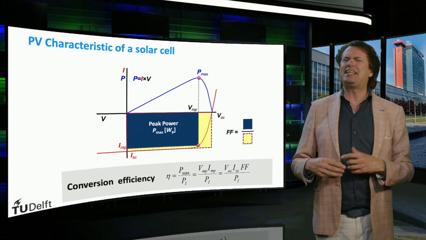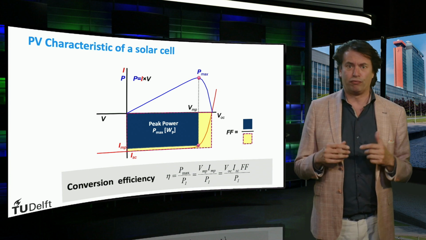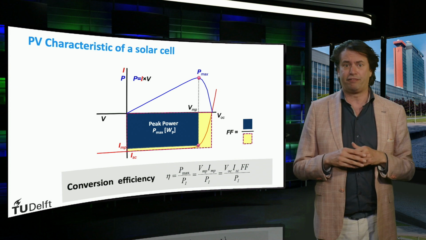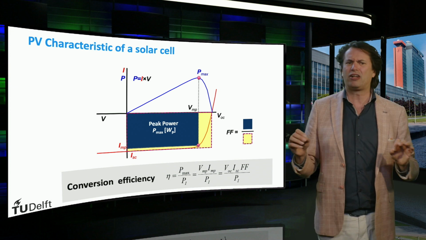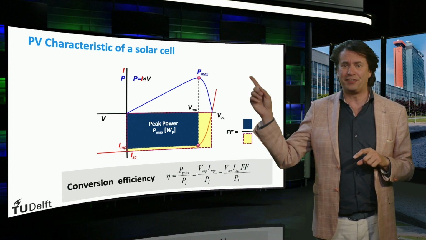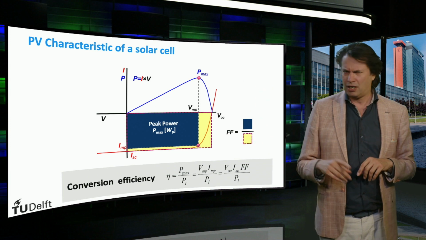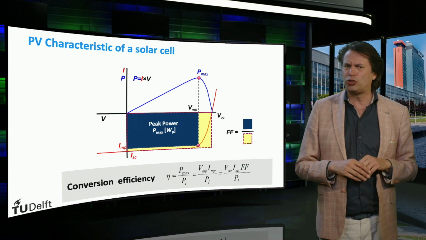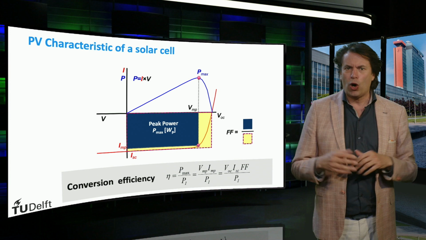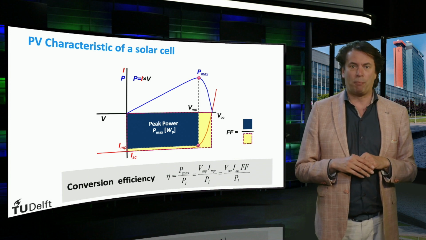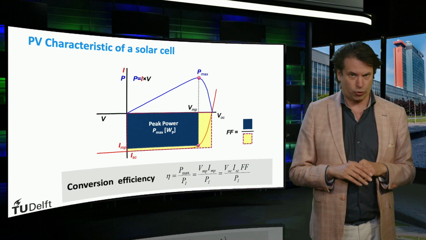You know the basic external parameters, so VOC, ISC, and fill factor, and how to calculate the efficiency based on these values. Let's now look at how to model this IV behavior with electrical components in an equivalent circuit.